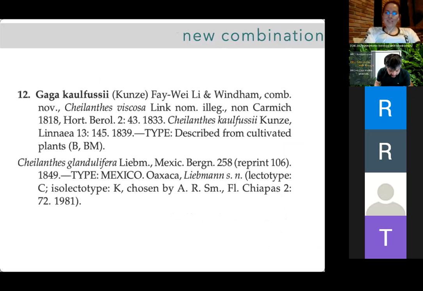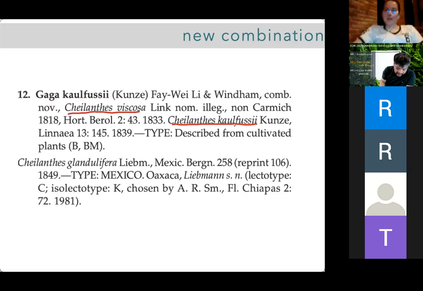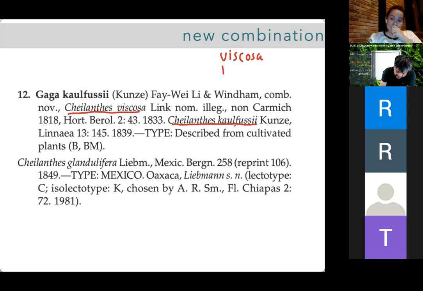One more example here. Okay, this is a fun one. Now it's Gaga kaufusii, it's probably German at some point. So there are two names here, Calientus viscosa and Calientus kaufusii. I'm going to write here, viscosa and kaufusii.